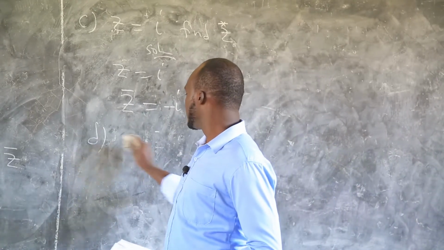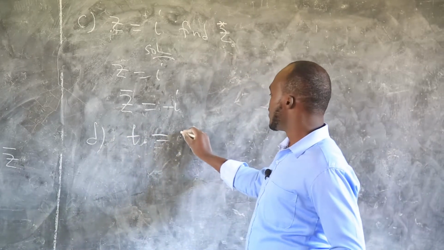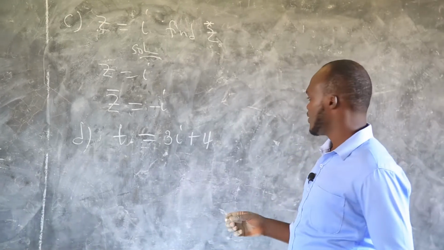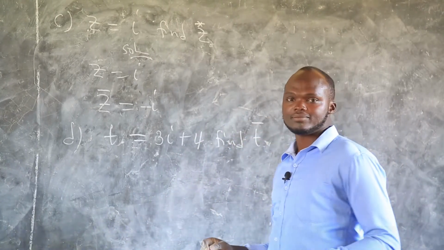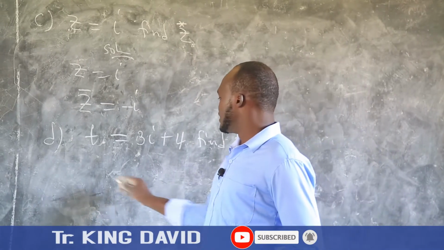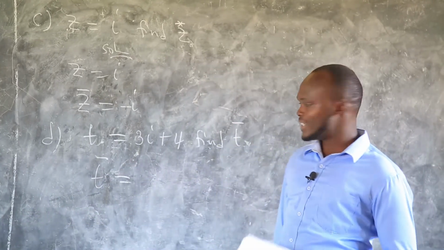D, we have T equal to 3i plus 4. Find T conjugate. How can we find T conjugate? I told you that we have to change the imaginary part.